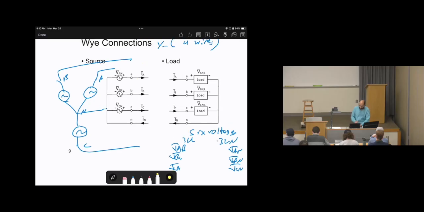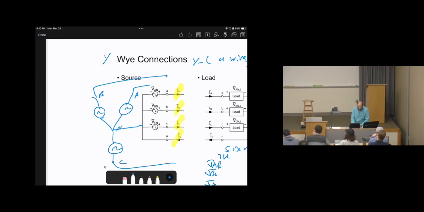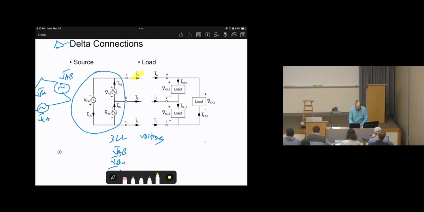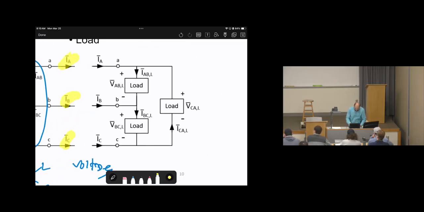That was in Y. For delta, again, sometimes as a shortcut I can write delta instead of delta, and Y as a simple Y. In delta, we have 3 line currents, IA, IB, IC, and there are other currents that we need to take into consideration, which are the inner currents, these currents, these currents, these currents.